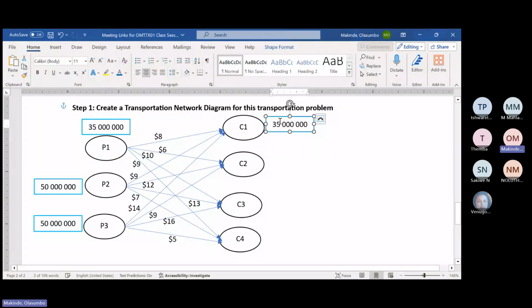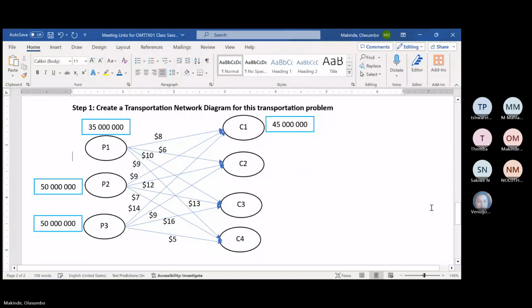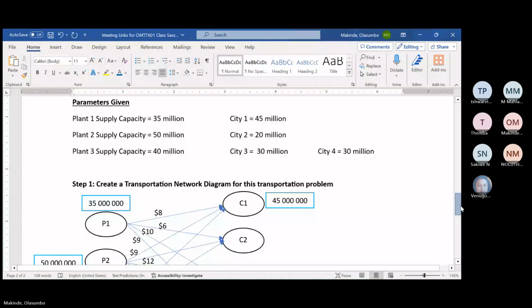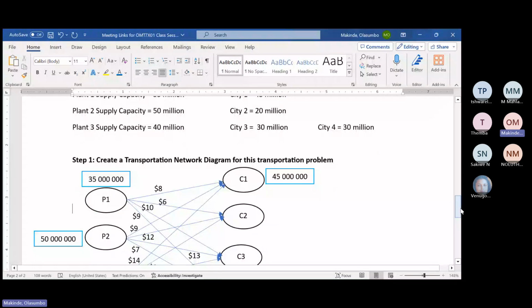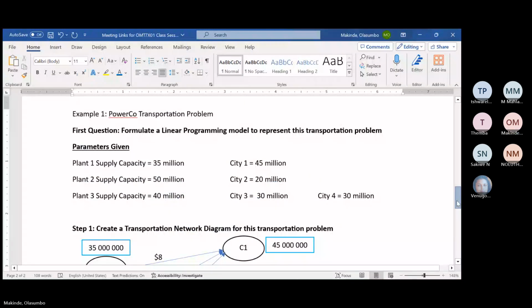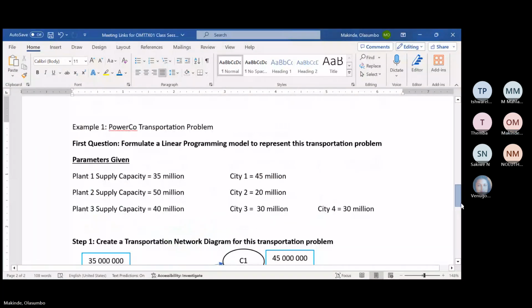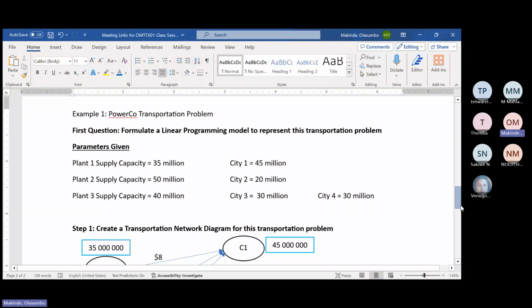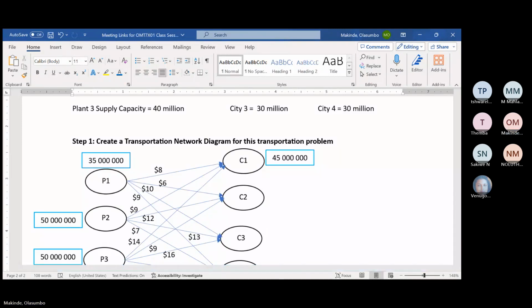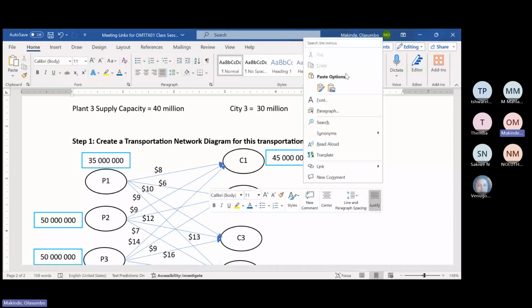In terms of the demand, 45 million. Then City 2 is 20 million. City 2 is 20 million.